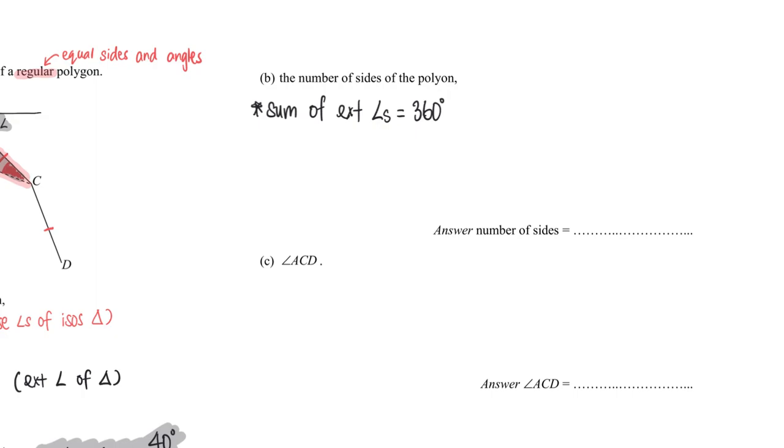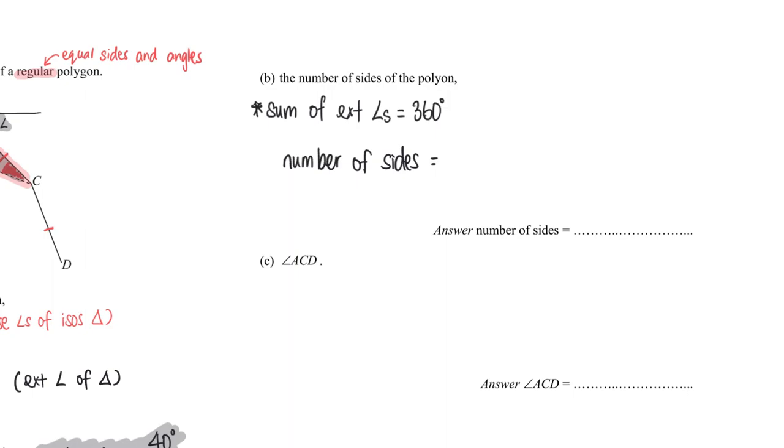And so to find the number of sides, it is essentially the same as finding the number of exterior angles. And in this case, all the exterior angles are 40 degrees.